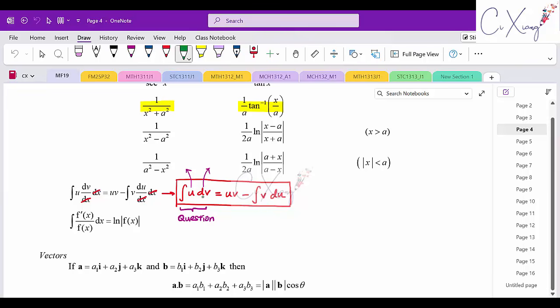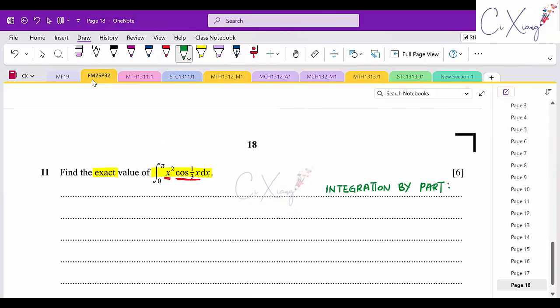Okay, so let's go back to our discussion in the past. Integration by parts, like what I told you: integrate u dv equals uv minus integration of v du. For the question part, I need to decide which part is u and which part is dv.